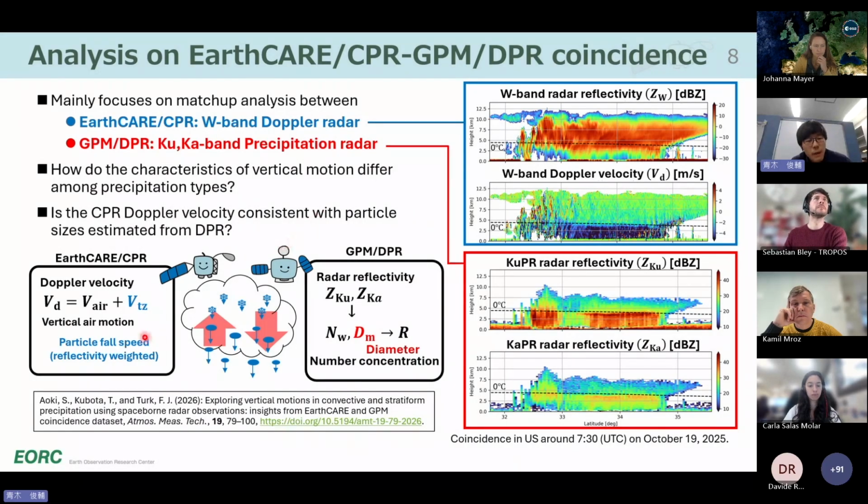Doppler velocity is the sum of particle air motion and the reflectivity-weighted particle fall velocity, VTZ, and VTZ is related to the particle size and properties. On the other hand, from the observation of DPR, we estimate the number concentration and the mean diameter of raindrops and snowfall. So we can compare these two independent measurements.